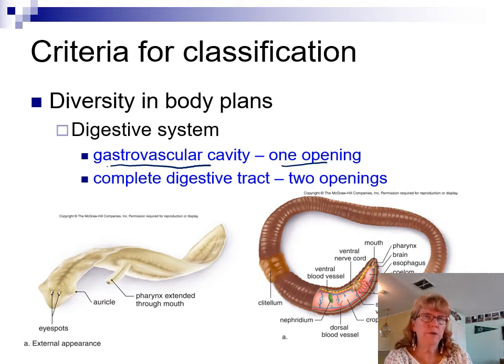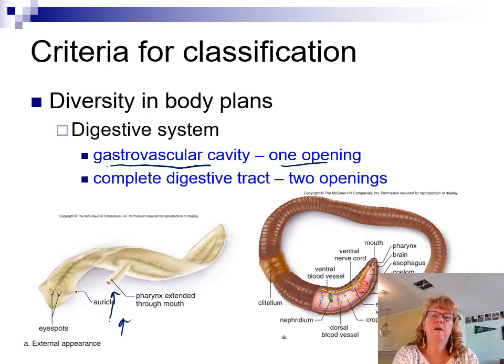You can probably understand that that's going to be a lower level organism. So this here is a flatworm, and this is the opening here. And so food is taken in there, goes through the digestive system and gets digested. Waste comes out the same opening.